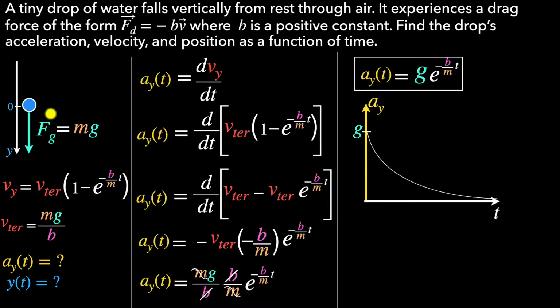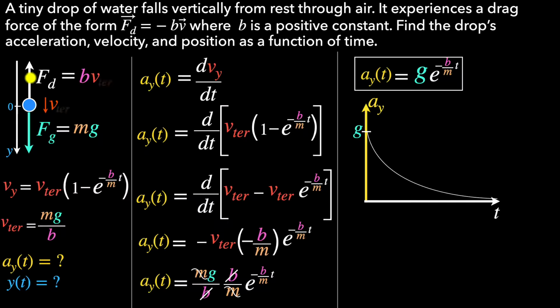Now what happens as time passes by? The drop starts accelerating down, so it gains velocity. But as it gains velocity, the drag force also increases. As the drag force increases, what happens to the net force? The net force keeps decreasing. That's why the acceleration keeps decreasing, until eventually, if you wait long enough, the two forces become equal to each other.